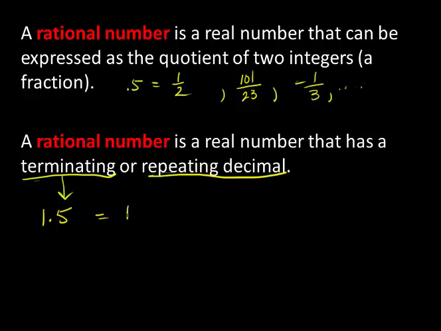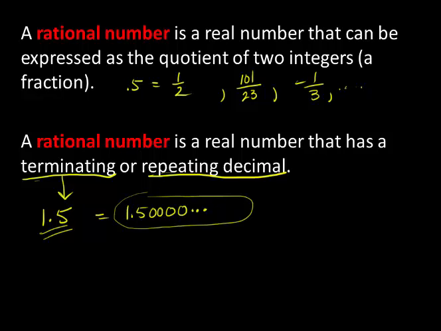You could say it's 1.50000, and it repeats zeros forever. But we don't usually write it like that. We'll just call it 1.5. In Chapter 3, however, we will be thinking of 1.5 as having infinitely many digits. After the 5, though, they're all equal to 0.